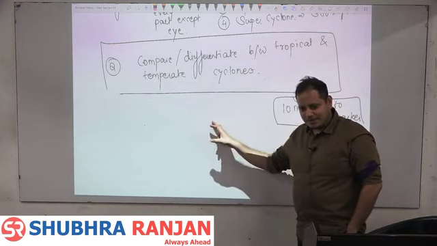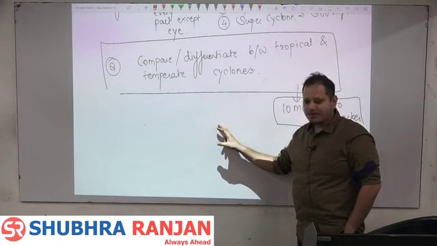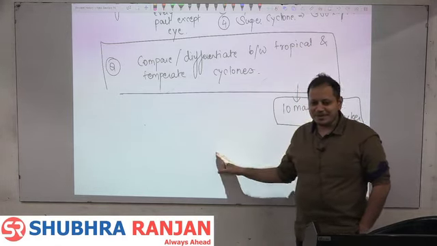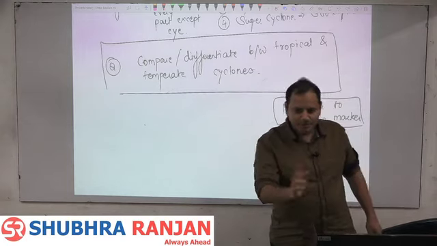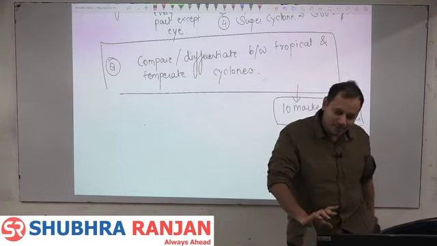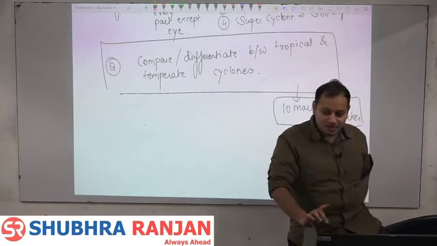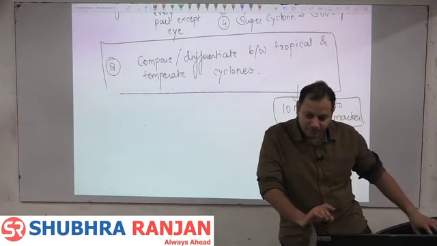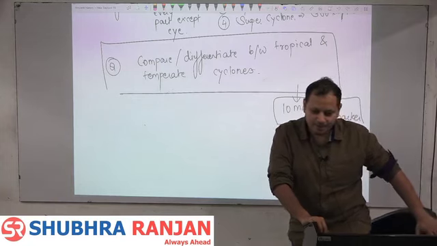So 20 marker is from geomorpho, 15 marker is from oceano, 15 marker is from some other topic. आपको करना ही पड़े. 60 marker was the best for subjects such as geography, which were very vast. Students used to study only 50% of the syllabus and get rank.